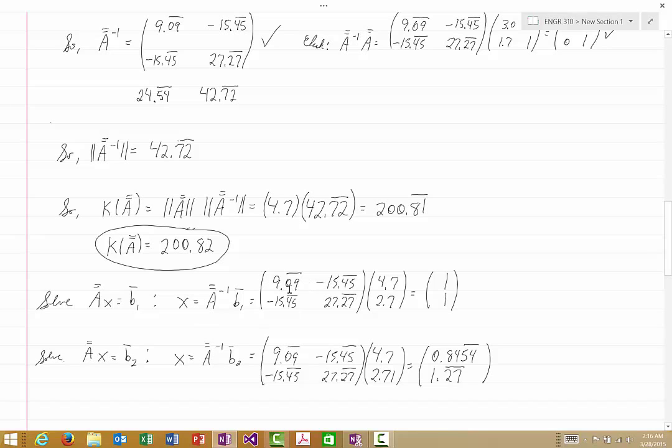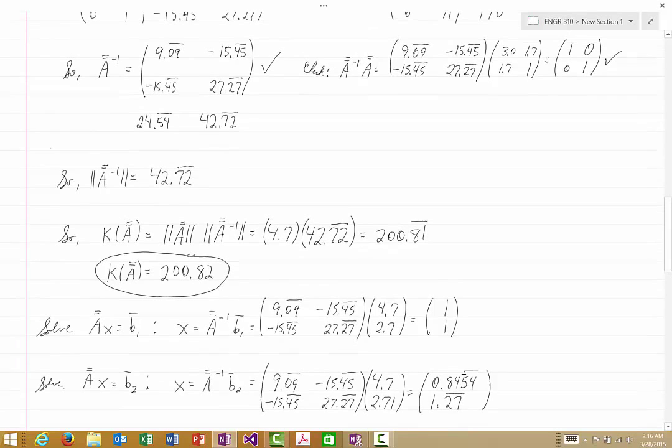If we calculate both of these, we will find that when we solve AX equals B1, the X is simply the vector [1, 1]. But if we solve AX equals B2, the solution is [0.8454 repeating, 1.27 repeating]. Now, what is the significance of this?